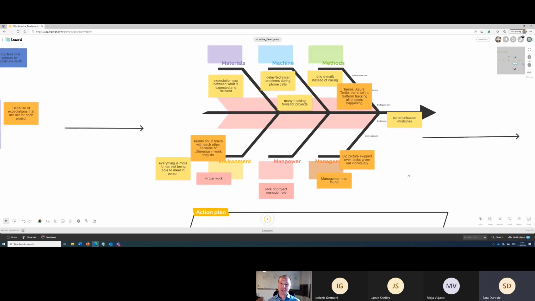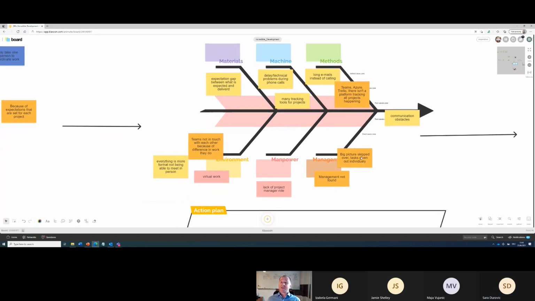Okay, let's take a look then. So you've got some really good input. You've got things around methods: emails instead of calling, Teams, Azure, Trello. There isn't a platform for tracking the projects. It's good input. Big picture skipped over, management not found, project management lacking, virtual work in terms of the environment. Yet that does make it more difficult to communicate.